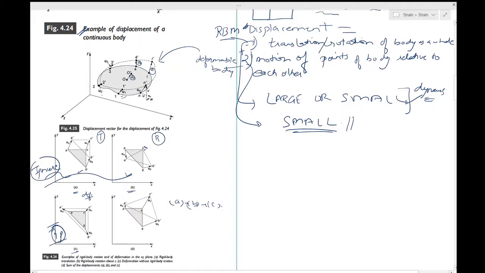So this is what is important to us right now, and the rest of our course will only be about this. We will rarely have a case in which your solid body will be translating or rotating as a whole. Okay, so this is what we refer to, where the points are displacing relative to each other.